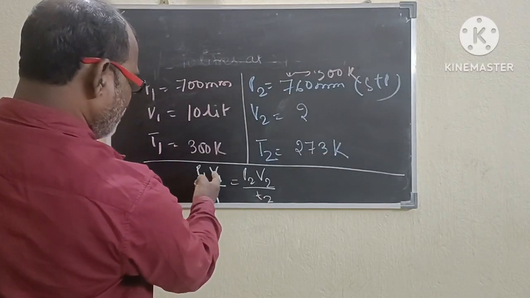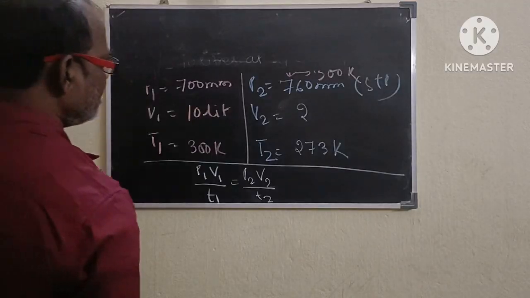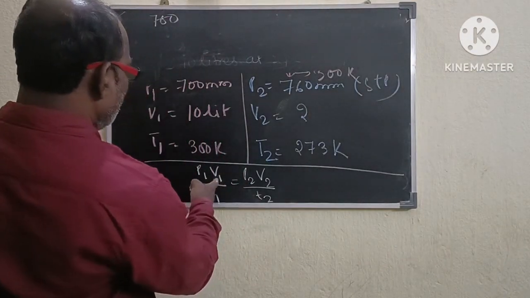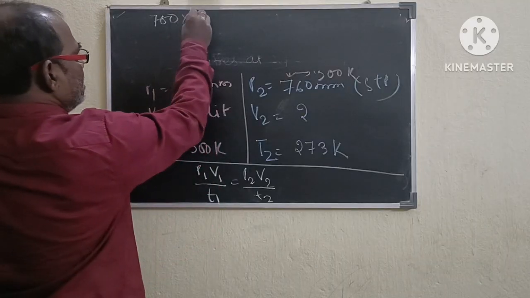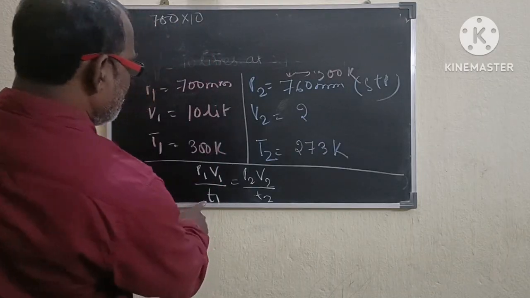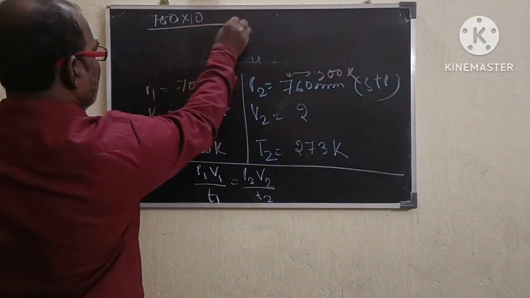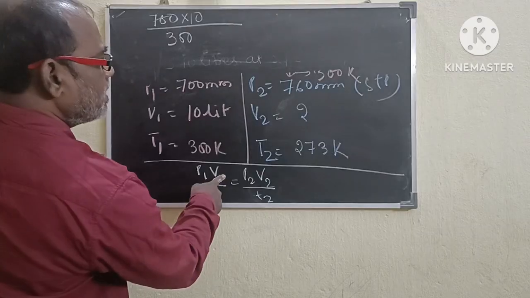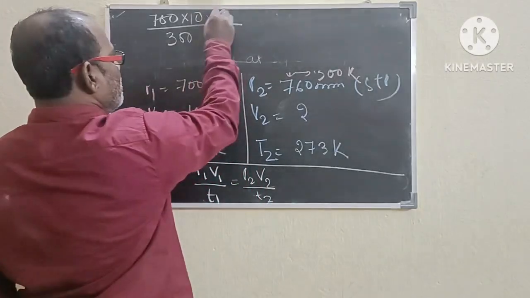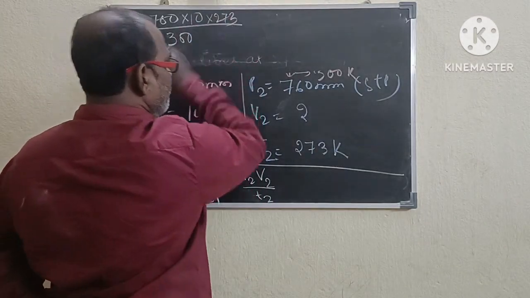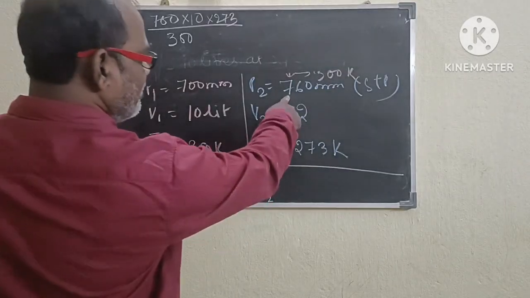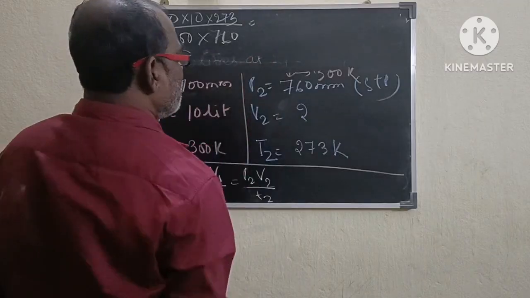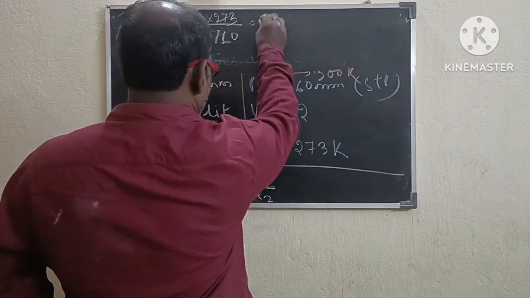So V2 is equal to P1 V1. What is P1? P1 is 700 millimeter. So we are writing 700. V1 is 10 liter, so into 10. T1 is 300 K, we are writing 300. T2 comes here, gets multiplied. T2 is 273. Write down here 273. P2 is 760. So write down here 760, which is equal to V2.